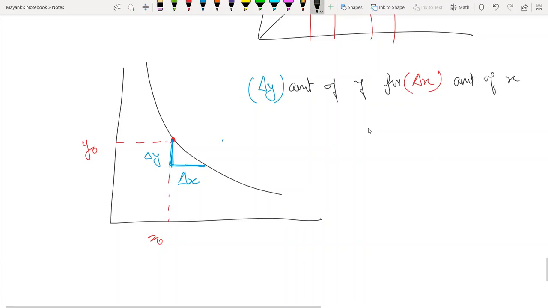Now, if these quantities are really small, you can write them as dy and dx.